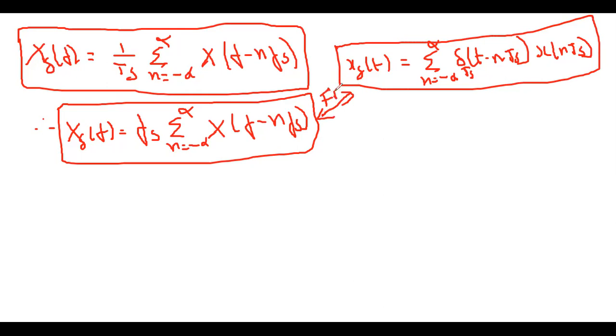We got X delta of f is equal to fs into the sum of n from minus infinity to infinity of X of f minus n into fs. Got it, my dear students? See whether we get the same equation or not, we can verify.